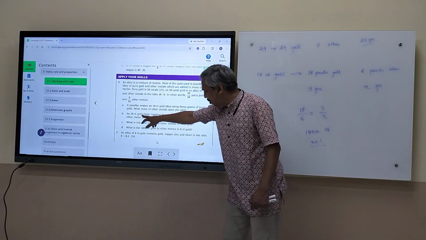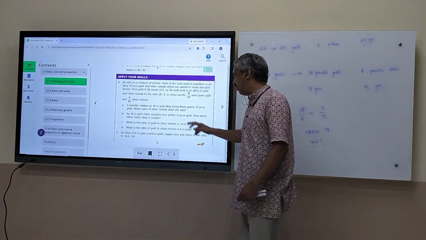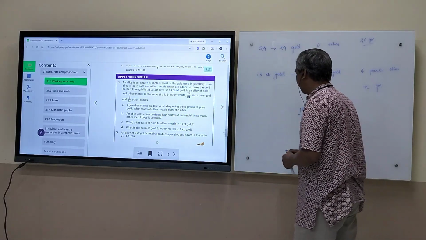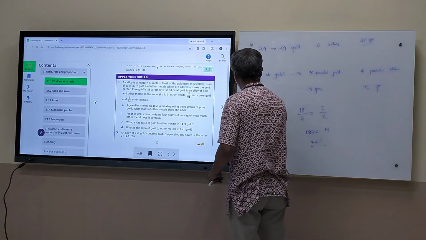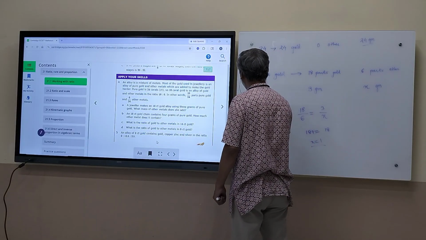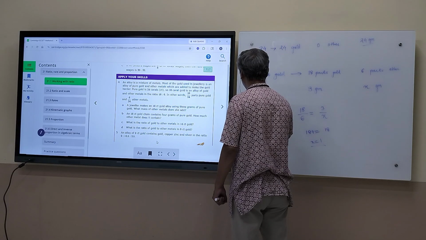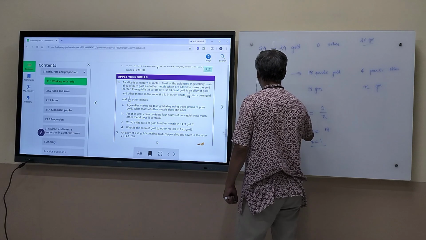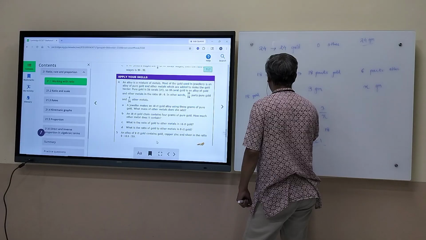An 18 karat gold chain contains 4 gram of pure gold. Again, 18 carat means 18 parts of gold and 6 parts of other metal.